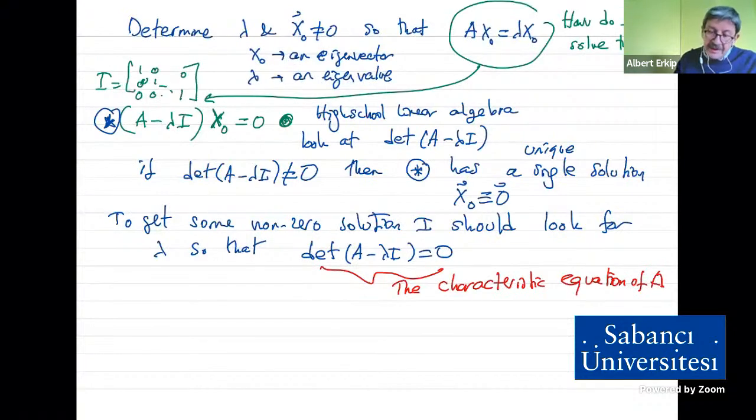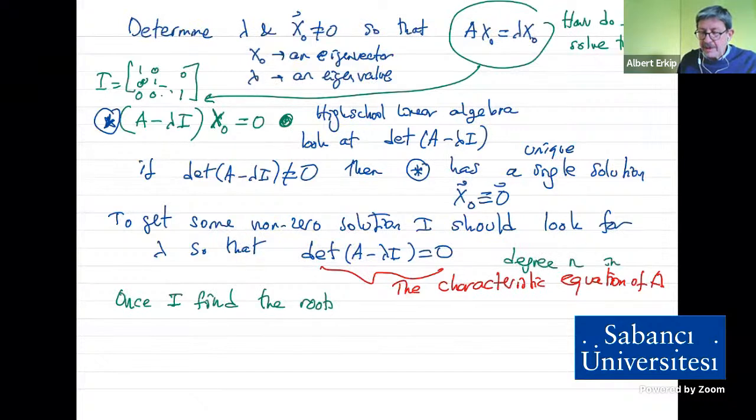Now, once I find the roots of this equation, which is a polynomial of degree n, because it's an n by n determinant with lambda on the diagonal, so it would be lambda to the n. I'll do some easy examples.